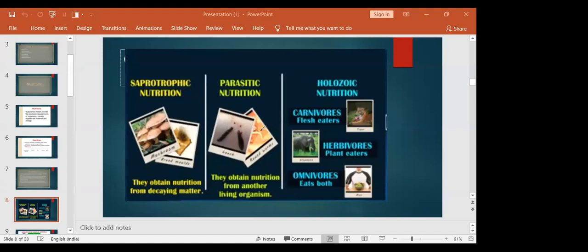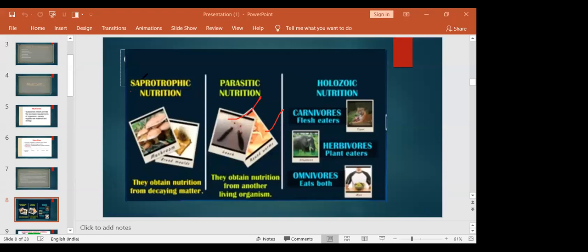A tapeworm is an organism which can live inside the living organism, inside the host. So both these parasites depend on other living organisms. Please observe this clearly.